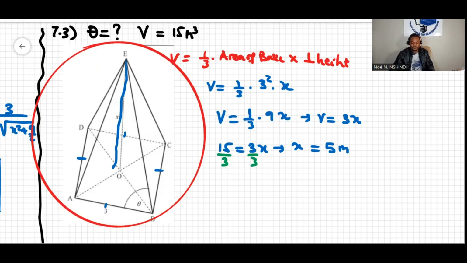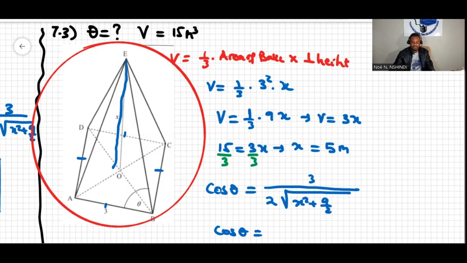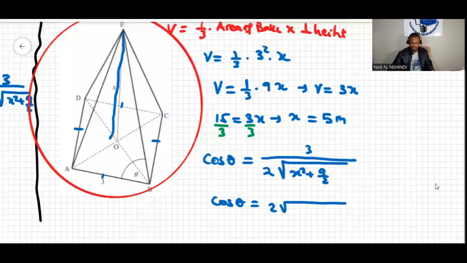Now we're looking for the value of theta. Now that we have found x, we can find the value of theta because previously we found that cos theta was equal to 3 over 2 square root of x squared plus 9 over 2. We can now substitute the value of x: cos theta will be equal to 3 over 2 root of 5 squared, which is 25, plus 9 over 2.